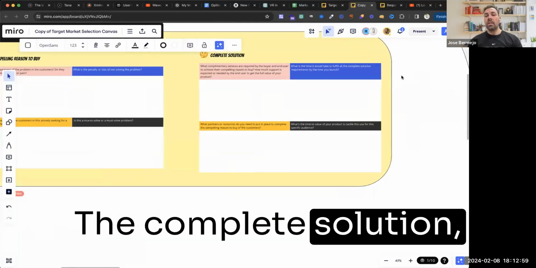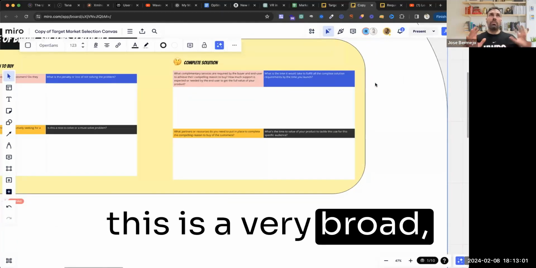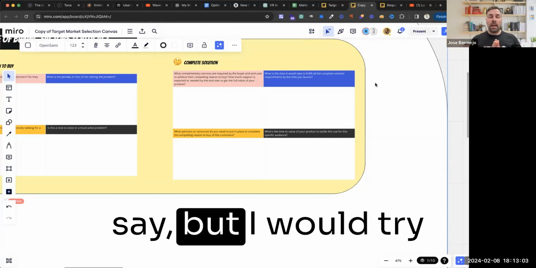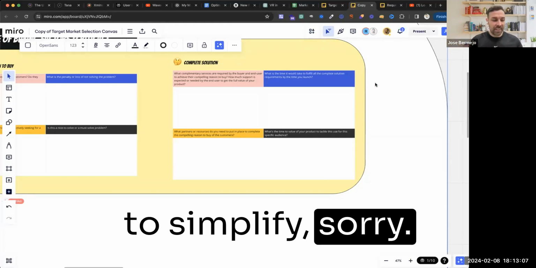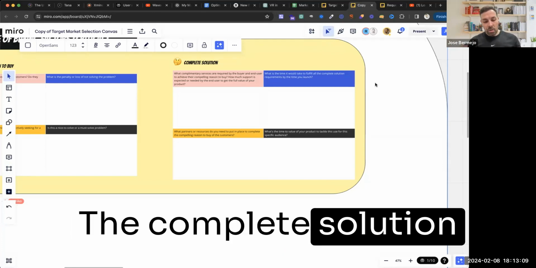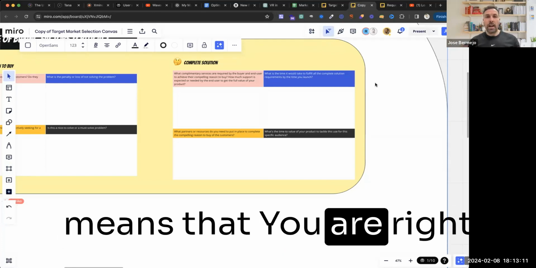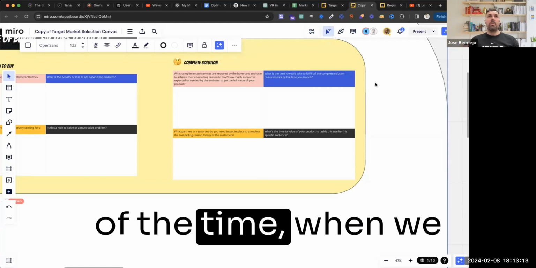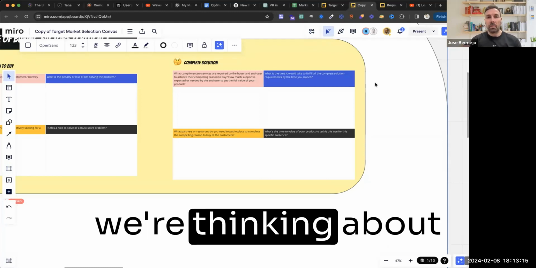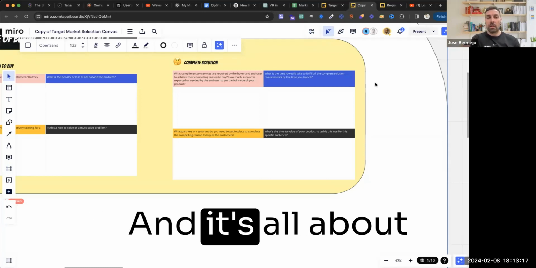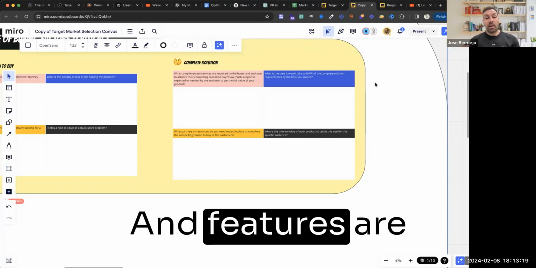The complete solution is a very broad, big topic, I would say, but I will try to simplify. The complete solution means that most of the time, we are thinking about the features, right? And it's all about the features. And features are much needed.